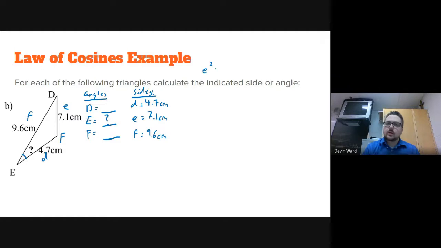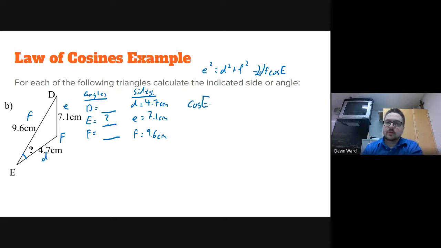Okay? So the formula that we're going to use for this, typically I like to write it out myself again. So E squared equals D squared plus F squared minus 2DF cosine of E, just because it helps me rearrange it easier. If you just want to memorize the other way, go right ahead, whatever is easiest for you.